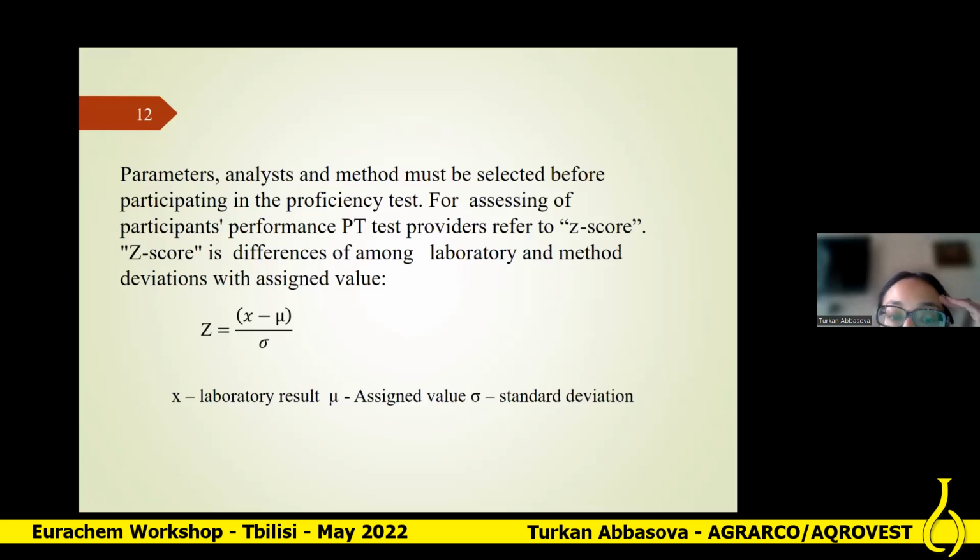X is your laboratory's result, the result obtained. Mu is the assigned value, which is given after the reporting of the proficiency test. And sigma is the standard deviation. The standard deviation can be calculated from all of the results of the laboratories which participated in the proficiency test, and also the laboratory can use its own standard deviations.